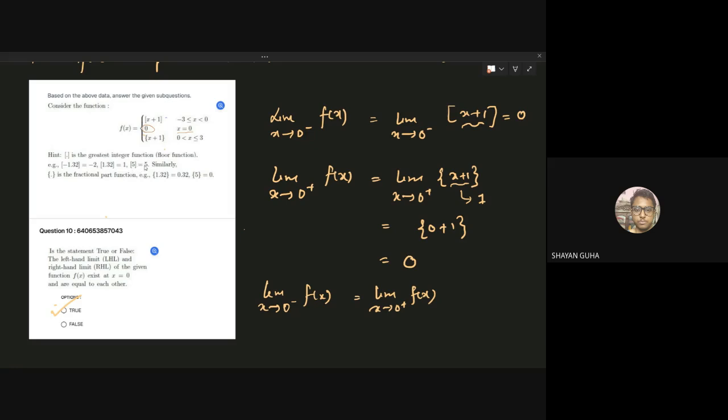And if you see how f(x) is defined, the range of x is broken at the point 0. When x is less than 0, the function is defined in a certain way. When x is equal to 0, the function is defined in another way. When x is greater than 0, the function is defined in another way. So there is some sort of redefining of the function happening here.